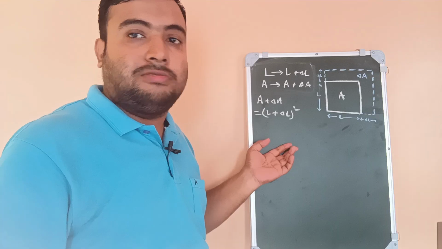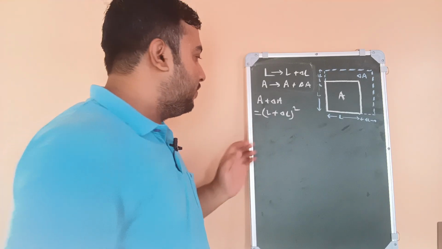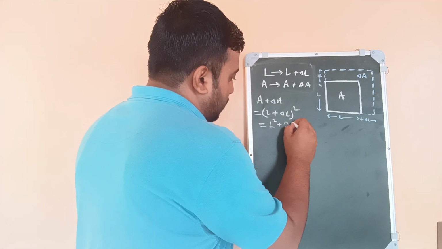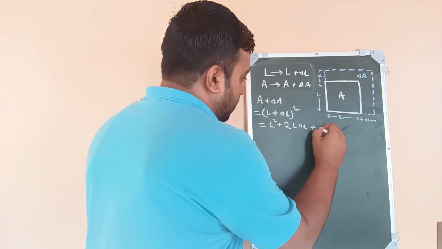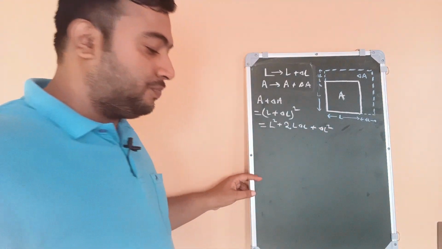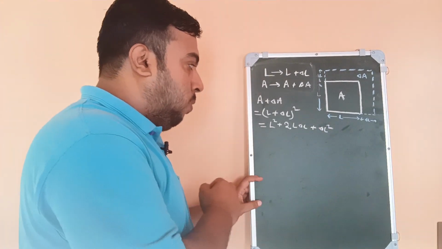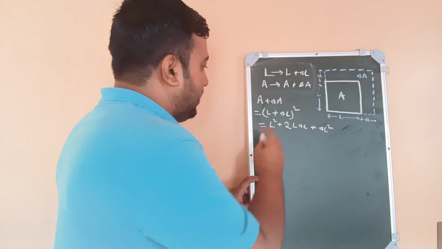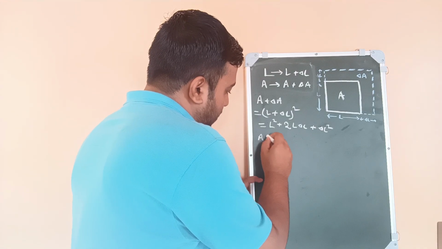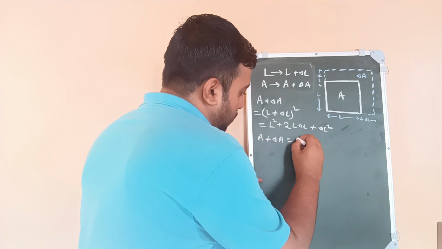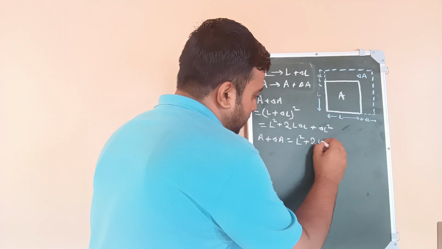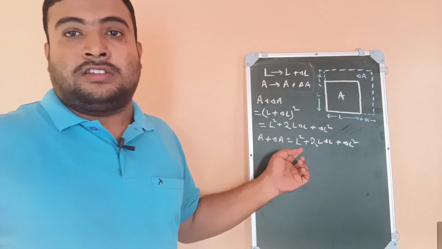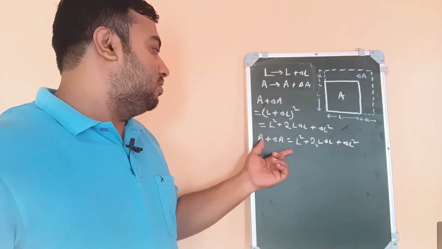We know that the area of a square is side squared, so we can write L squared plus twice L delta L plus delta L squared. So A plus delta A is equal to L squared plus twice L delta L plus delta L squared. L squared is nothing but the initial area, so these will cancel out.